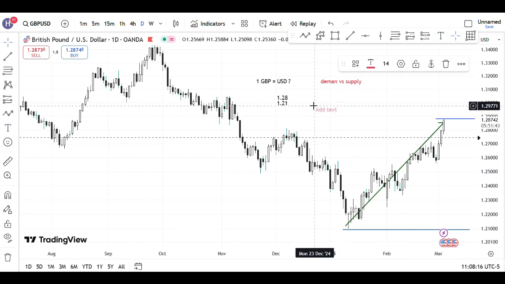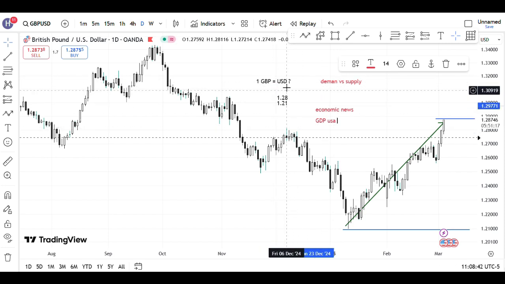If somebody, you or another person, knows about economic news, for example, the gross domestic product of the USA forecast is lesser than the actual, then USD becomes appreciated. Why? Because the economy is strong, so there is demand for USD.